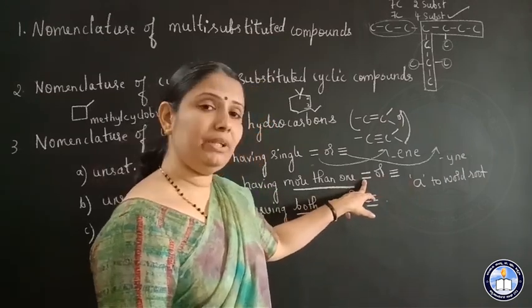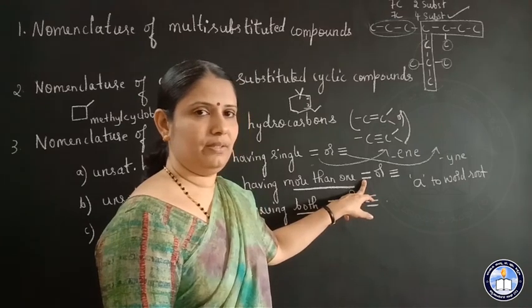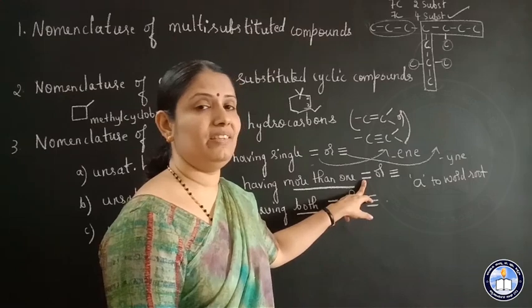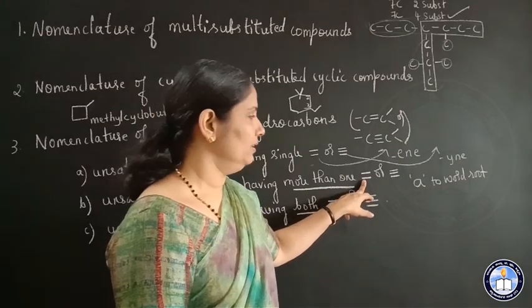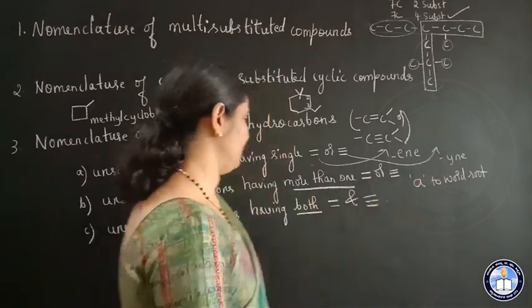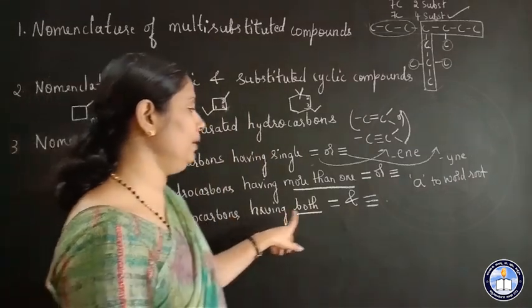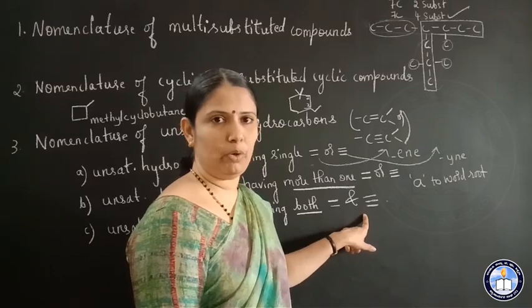And depending upon the number of double bonds or triple bonds, you have to add the prefixes di, tri to the suffix. Next we studied unsaturated hydrocarbons having both double bond and triple bond.